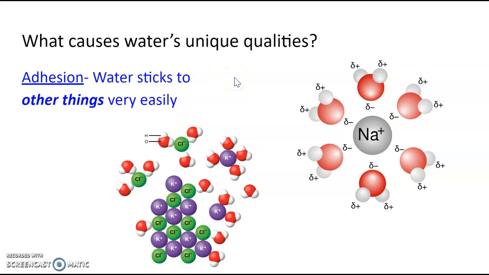And this is what allows water to sit on the surface of that penny so well, because it sticks to the penny, and then the cohesion allows for that big bubble to form on top.